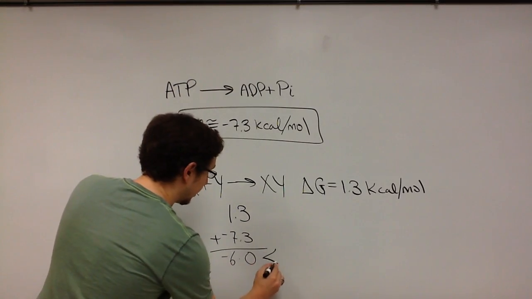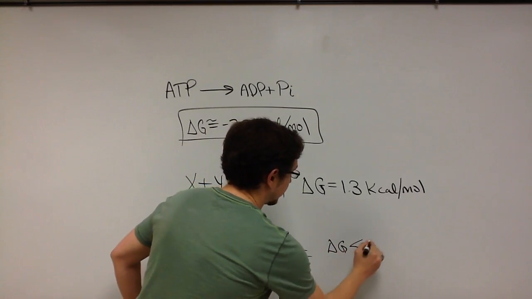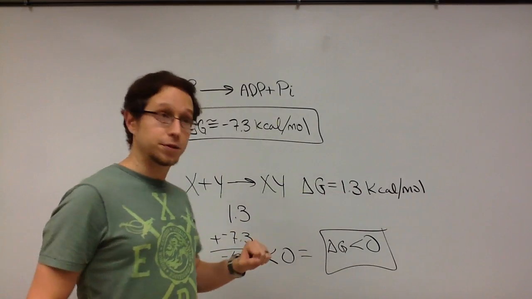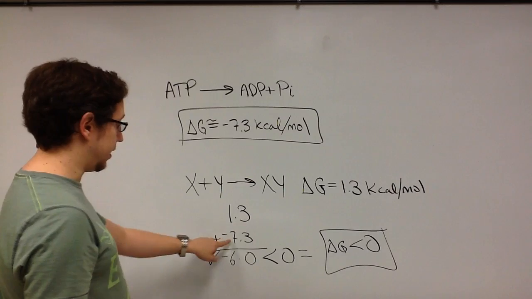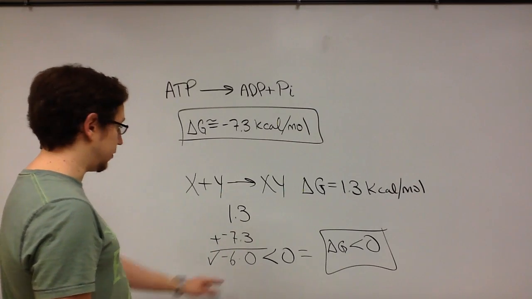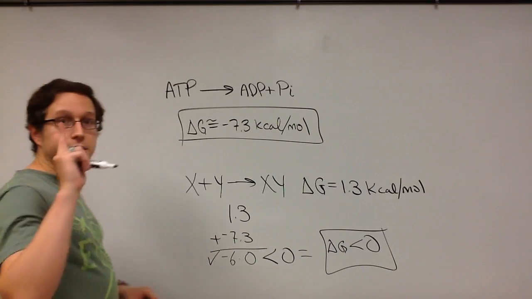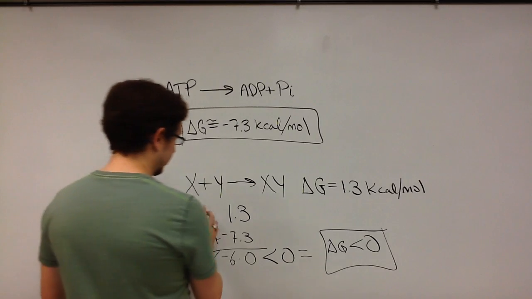This is less than 0, so that means our delta G is now less than 0, which is exactly what we want for this reaction to proceed. So here we have accomplished this. We've added negative 7.3 and 1.3, giving us a negative 6.0. So the answer there would be that it takes one molecule of ATP to fuel this reaction.